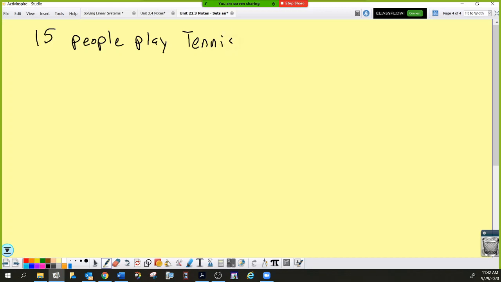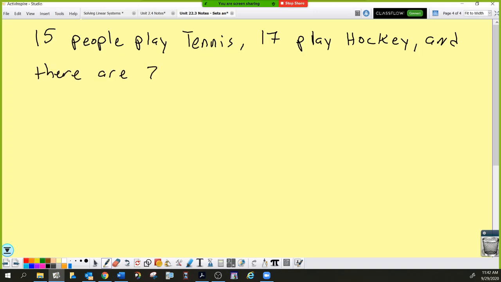Remember the premise is, to be in this club, you have to play at least one of tennis or hockey. 15 play tennis, 17 play hockey, and there are 25 people in the club. How many play both?